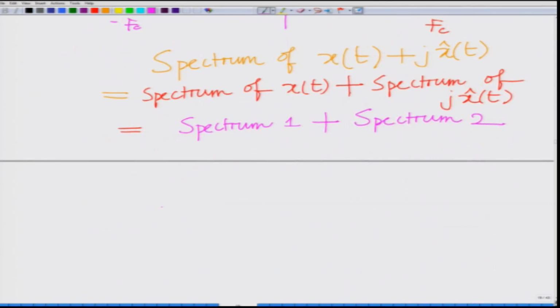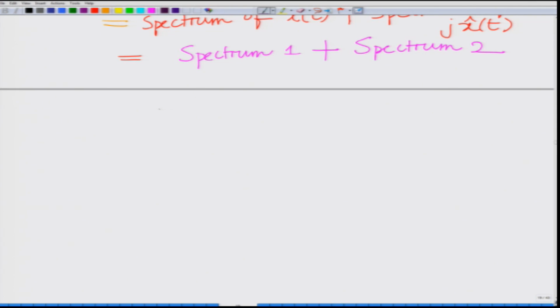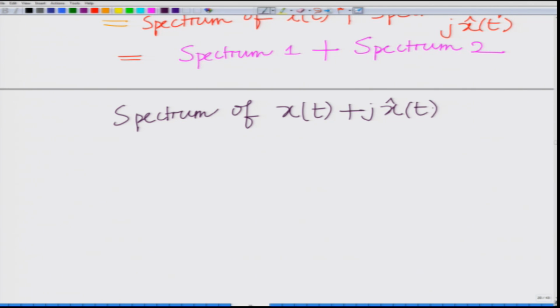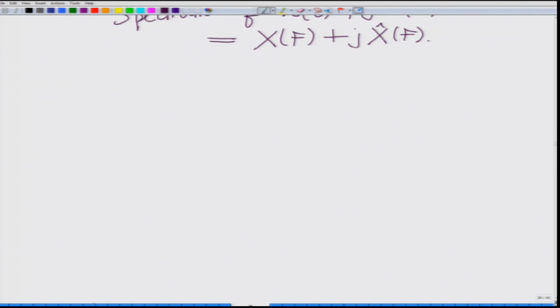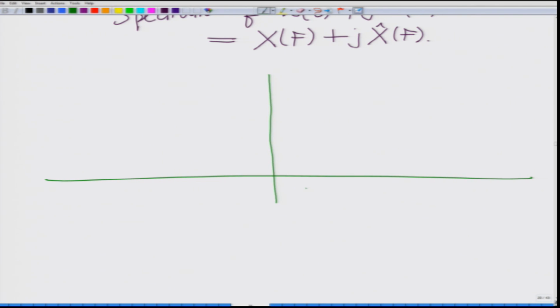And therefore, the spectrum of x t plus j x hat of t equals X f plus j X hat of f, and we already found these, X f and j X hat of f.